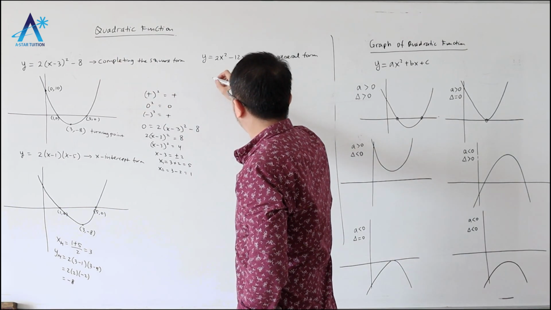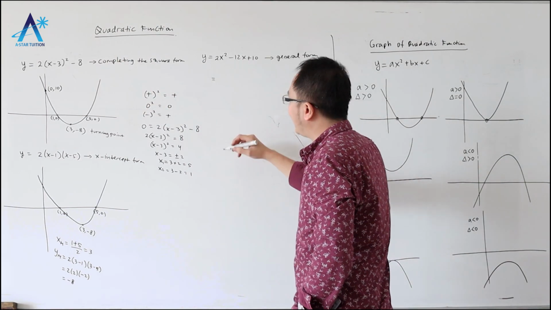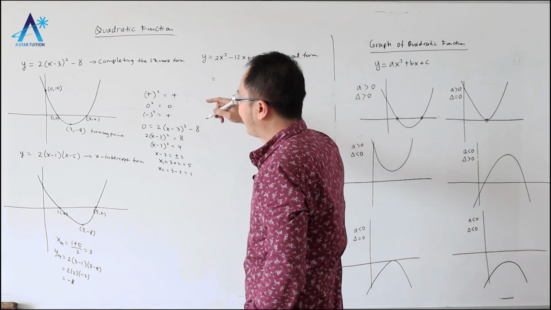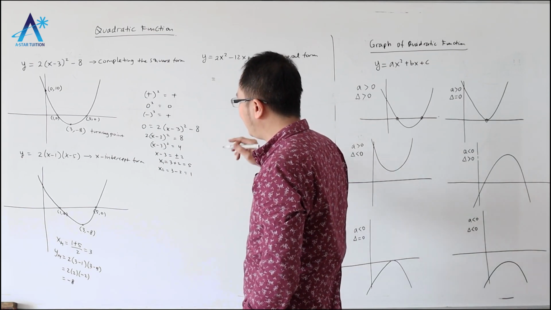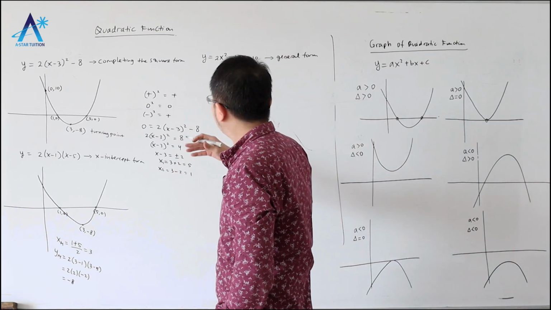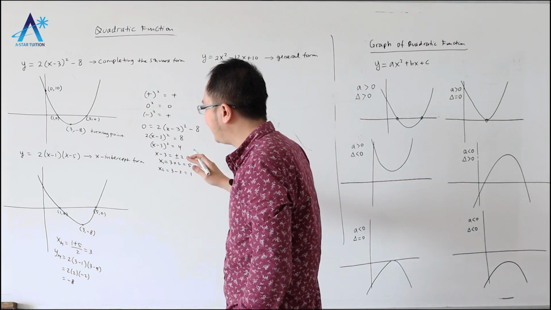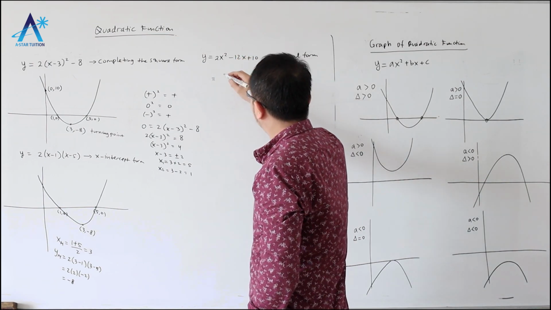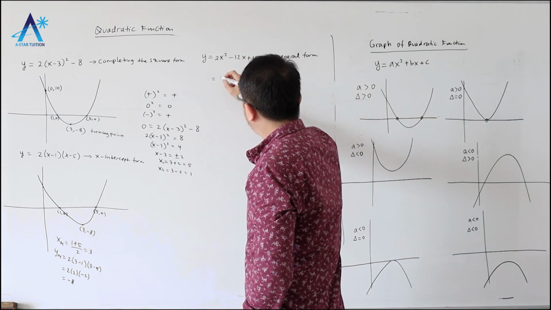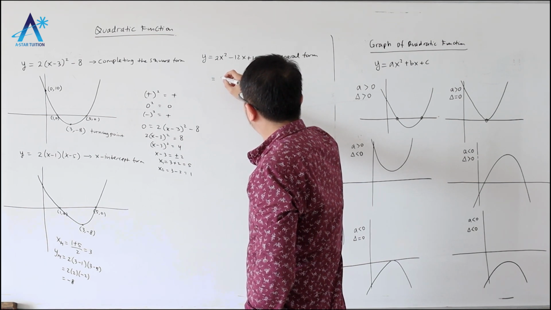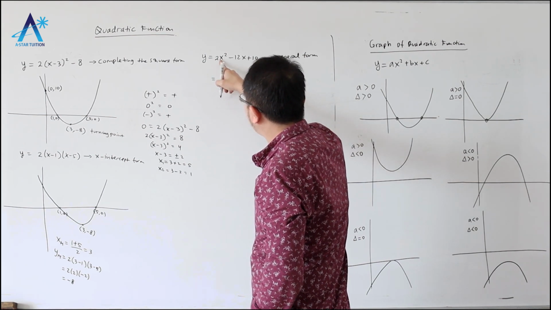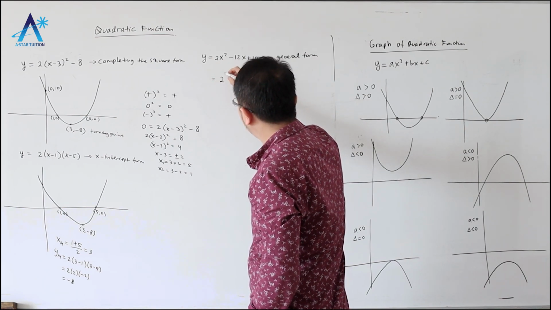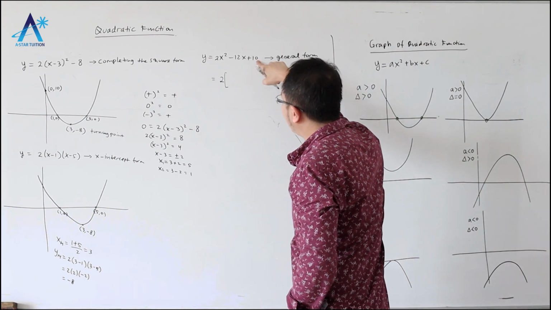However, here in this example, I'm just going to convert this into the completing the square form. You're going to learn later, after we are done with the graph, how to factorize the quadratic function. Next, using the same approach as we discussed earlier, we will ensure that the coefficient of x squared equals 1, by factoring the 2 out here while keeping the constant intact.